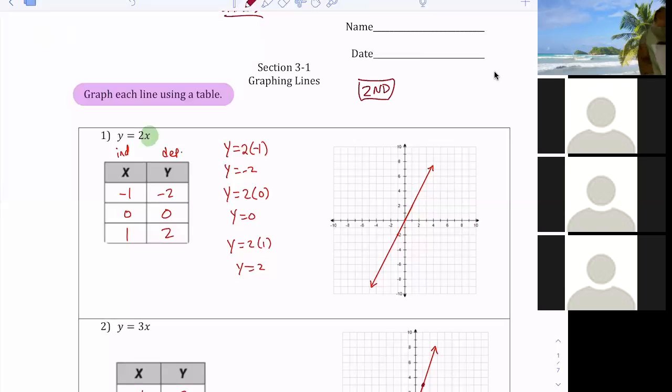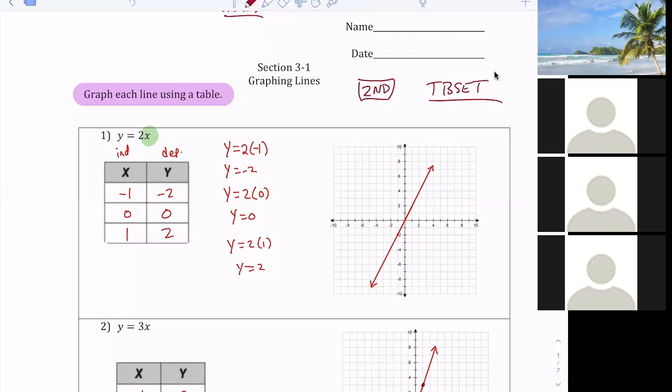Now, the one that I think is important, though, is we want to plug in our own points. So I need to go to table set. In order to find the table set, hit the second button and then window. Does that say table set right there? Yeah.